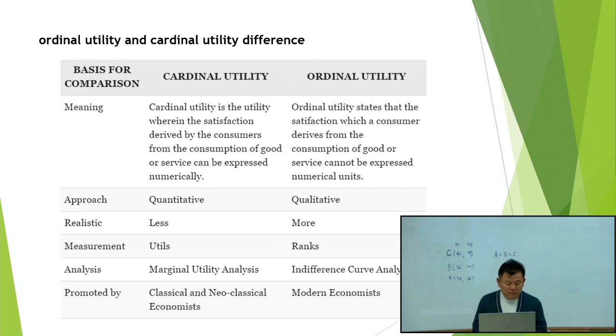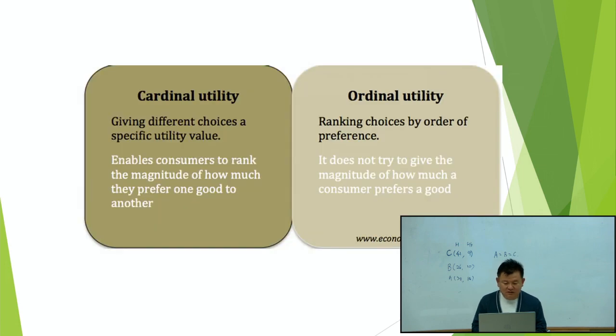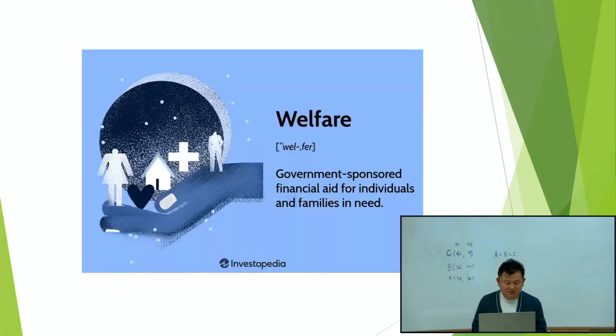It was promoted by the classical and neoclassical economists using cardinal utility. Ordinal utility is promoted by modern economists, who mostly use it now. Okay, this is the difference between cardinal and ordinal utility.